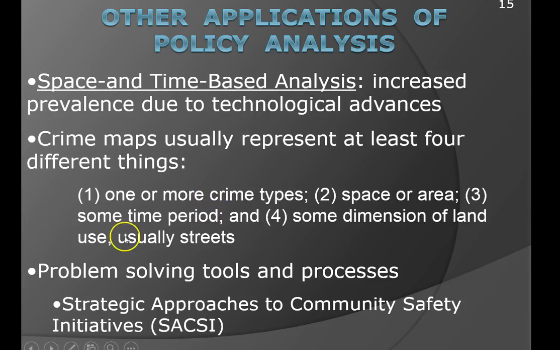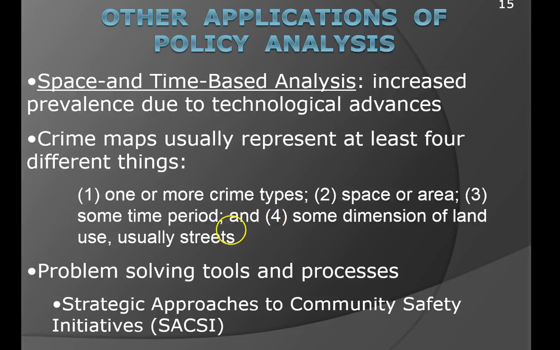Other ways to use policy analysis are through space and time-based analysis, where you have increased prevalence due to technological advances. You might have crime maps that represent a number of different things. They may have one or more crime types, space or area, a certain geographical area, a certain time period, and some dimension of land use, usually streets.